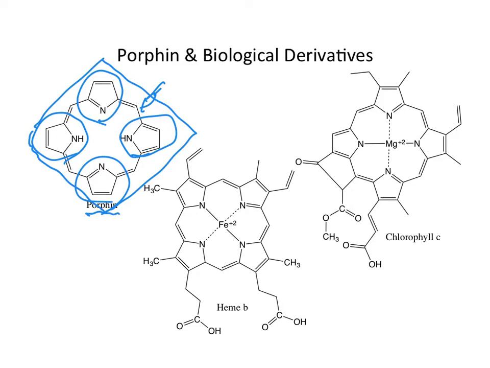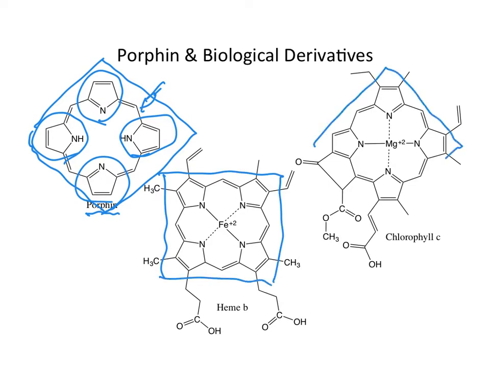So that's what we're going to do. And we can see that parent structure within our heme and within our chlorophyll structure. So it's that parent structure that we're going to make in our reaction this week.